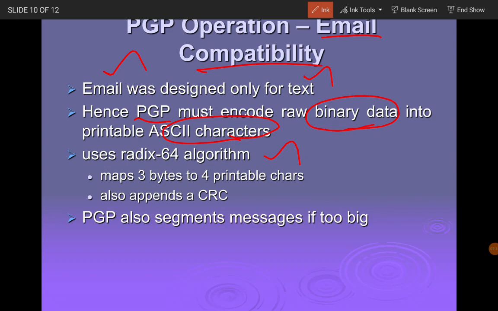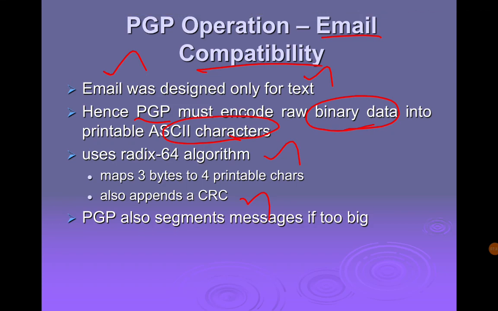So it converts the binary data to ASCII data. And if we want, we can append a CRC for error checking. If the segment is very long, then you can fragment it into small pieces.